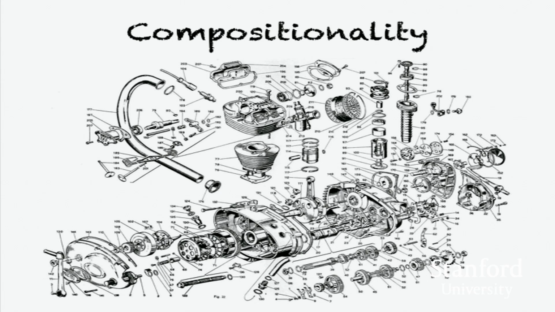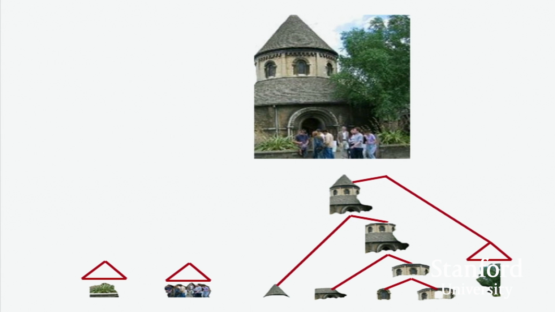In many ways, it's a more general cognitive capability, so that if you have something like a complex picture, that also has a compositional structure: you have parts of a church that go together, you have people that go together into a crowd in front of this church, and that also has a kind of compositional structure.